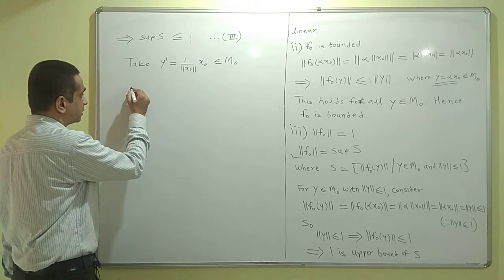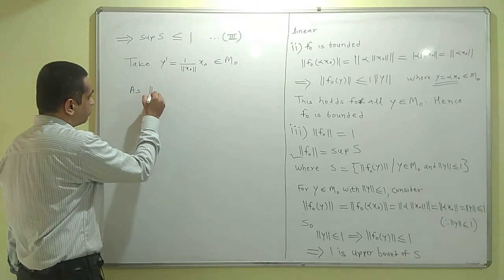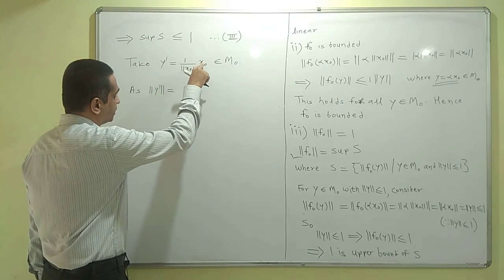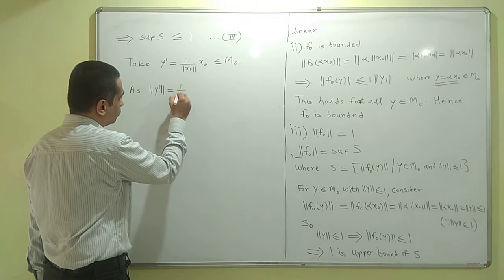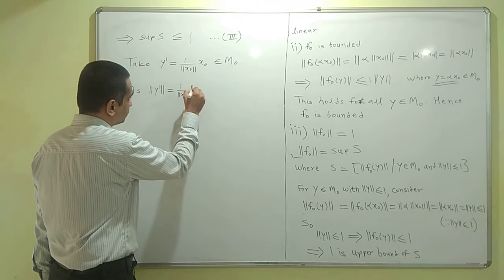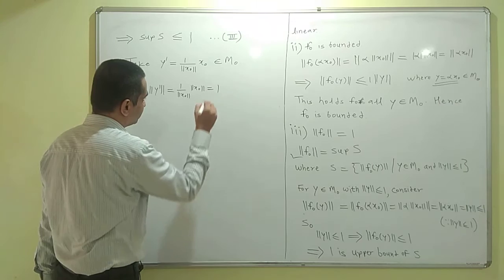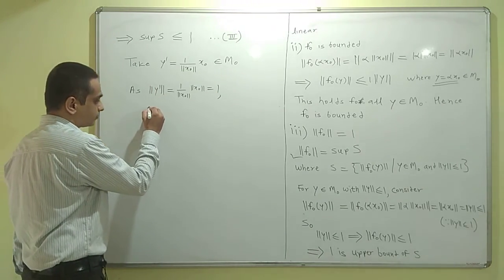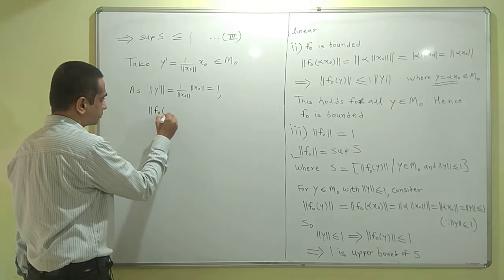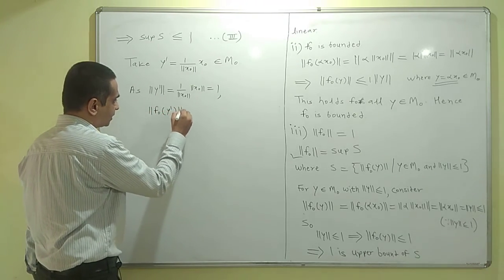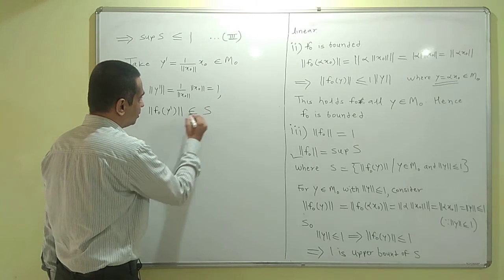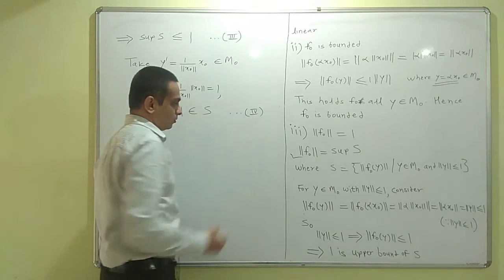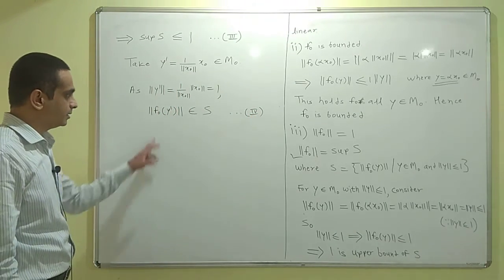As for the norm of y dash, you can easily observe that norm of y dash is norm of x0 times 1 upon norm of x0, which equals 1. We can say that norm of f0 y dash belongs to S. What types of elements does S consist of?